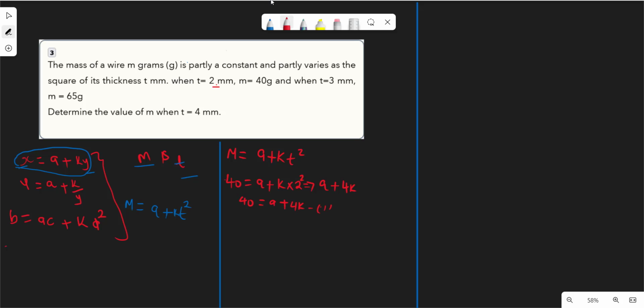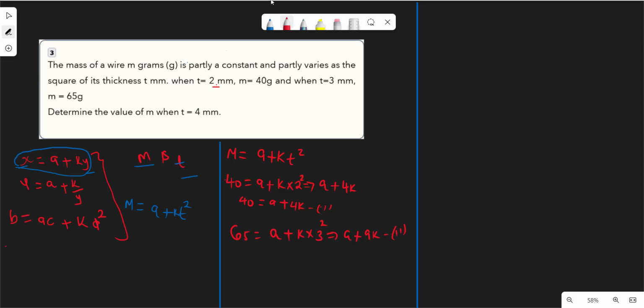The other equation we can draw is when t equals 3, m is 65. So 65 equals a plus k times 3 squared, so this will be a plus 9k. Let's call this equation 2.